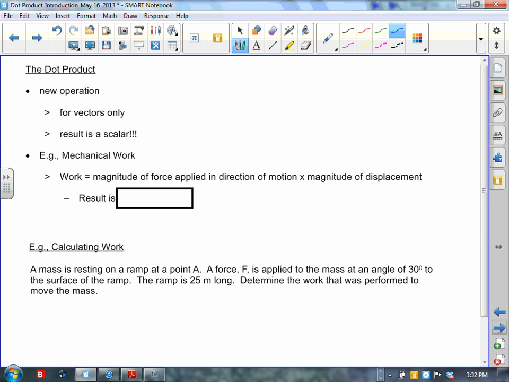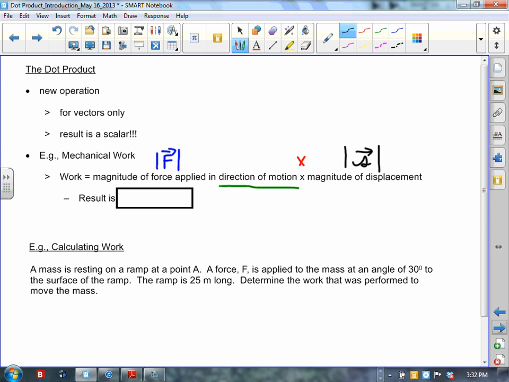Now, work, by definition, is the magnitude of a force, let's call it F, applied in the direction of motion of the object, of course, multiplied by the magnitude of displacement.